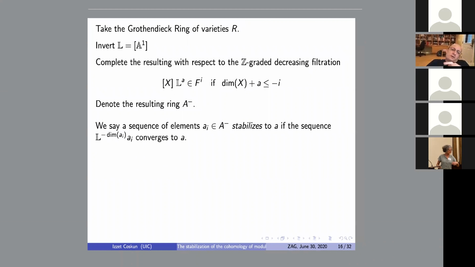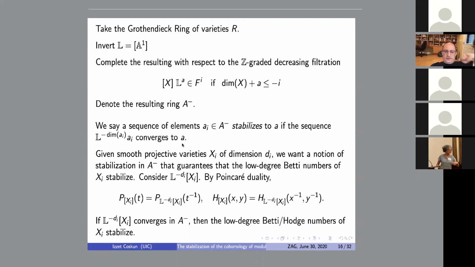And you say that a sequence of elements A_i stabilizes to an element A if the sequence L^(-dim A_i) times A_i converges to this A in this ring. All right, so given that, what you can do is the following.